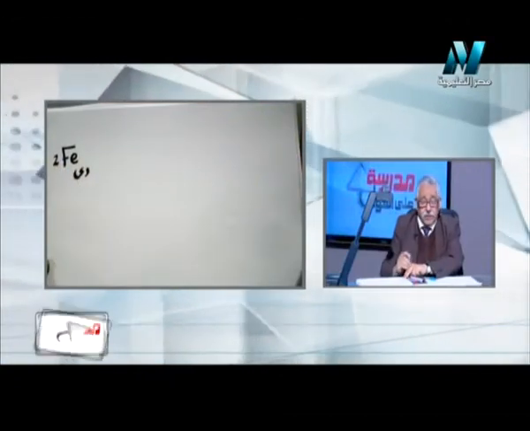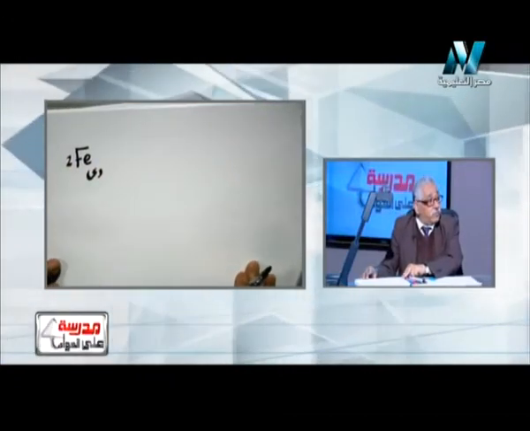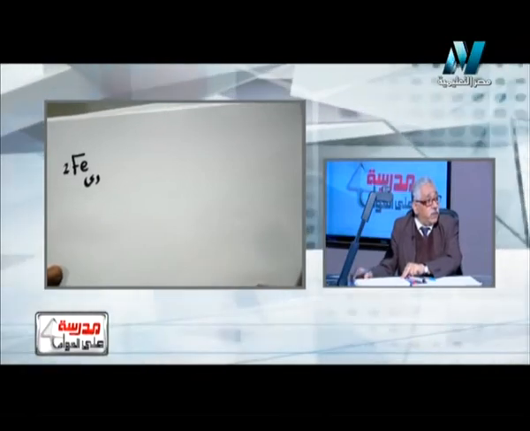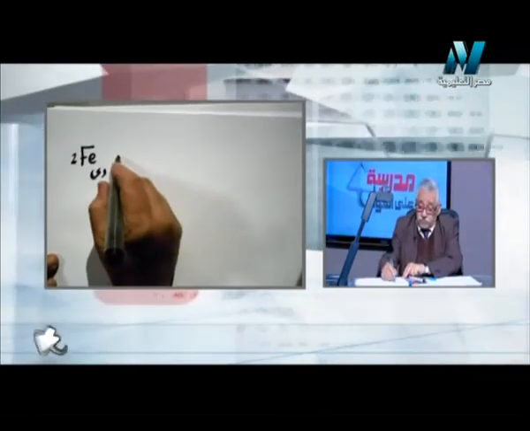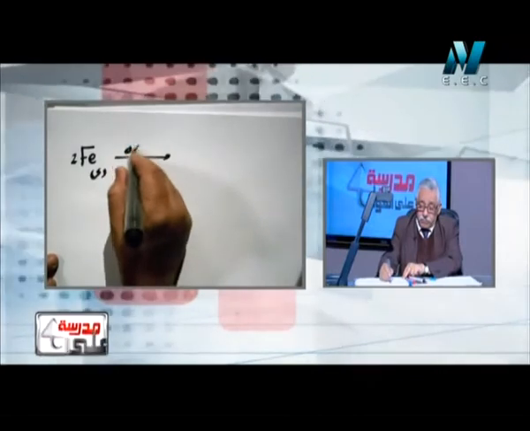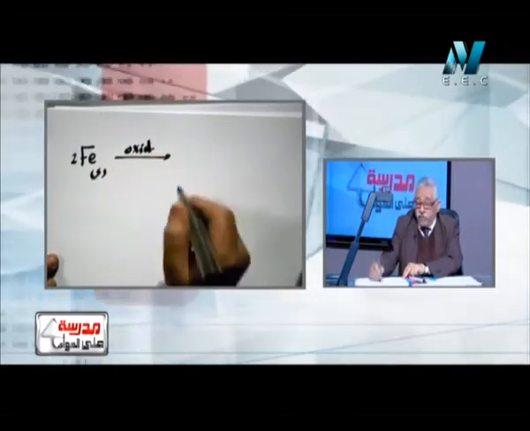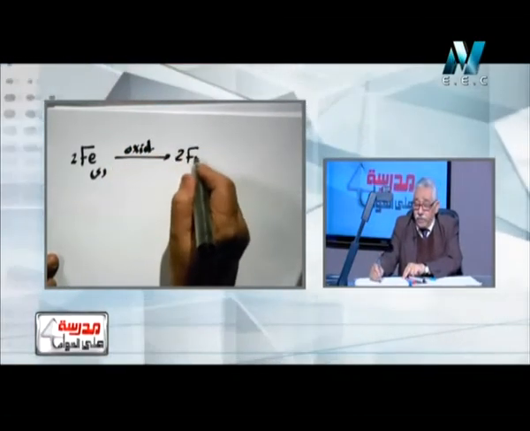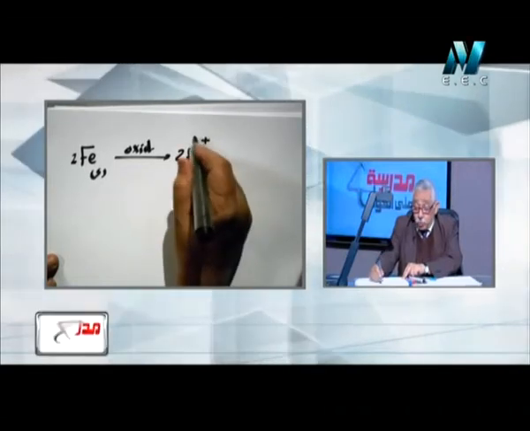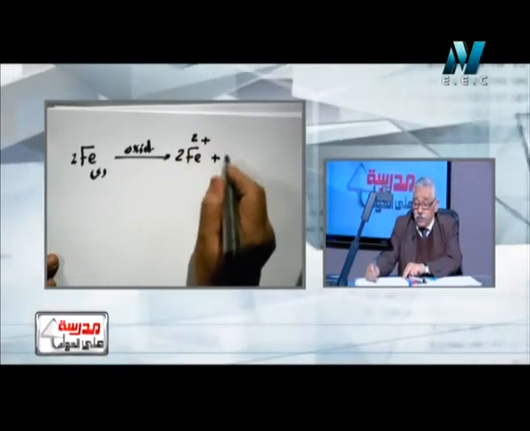Let's write the equation in full. Iron at first, 2 Fe solid, is converted by oxidation into 2 Fe positive 2 plus 4 electrons.